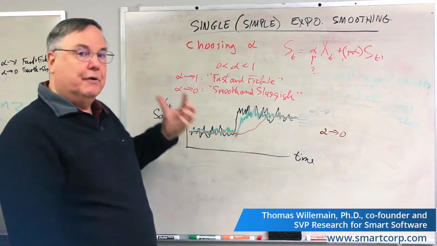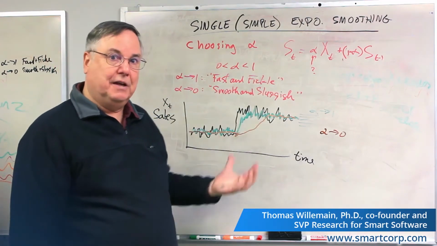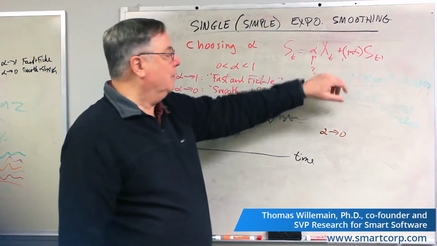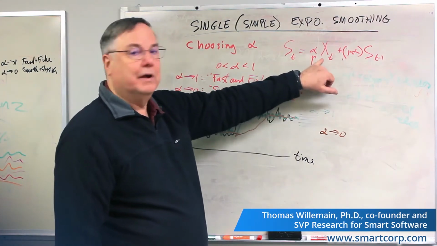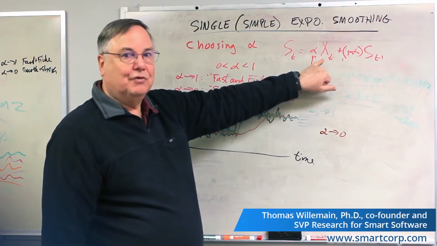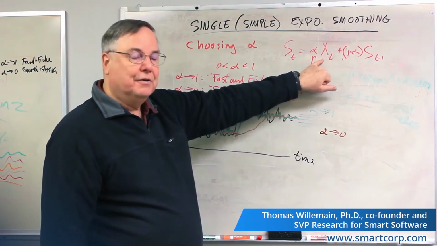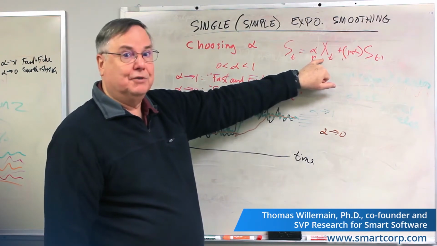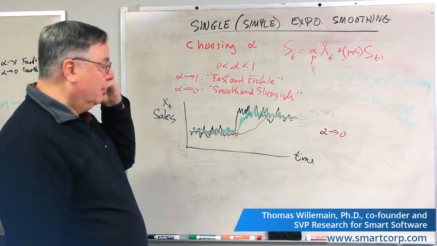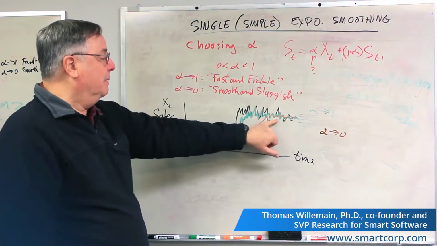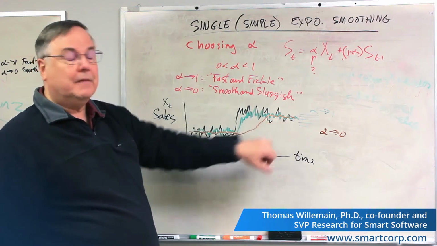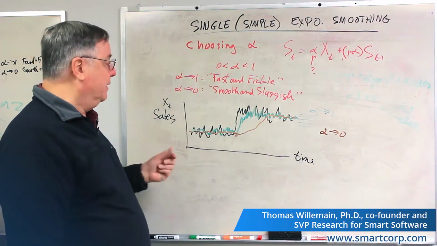And if you think you're in a very stable market, very stable environment without a lot of turbulence, then you're going to do well by ignoring the data, in a sense. It's mostly just noise, and the underlying dynamics don't change much from day to day or week to week. And so you want to have a small value of alpha, and you don't worry about reacting too slowly to changes because you don't expect changes. So that's the basic trade-off.